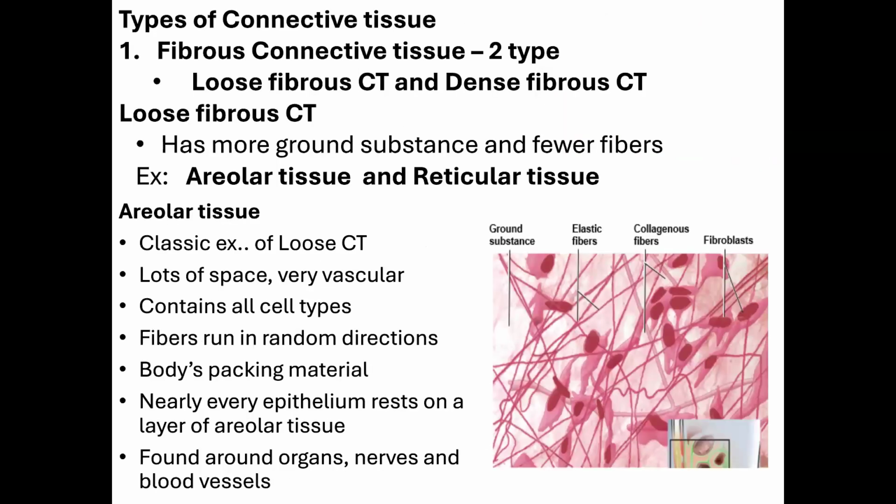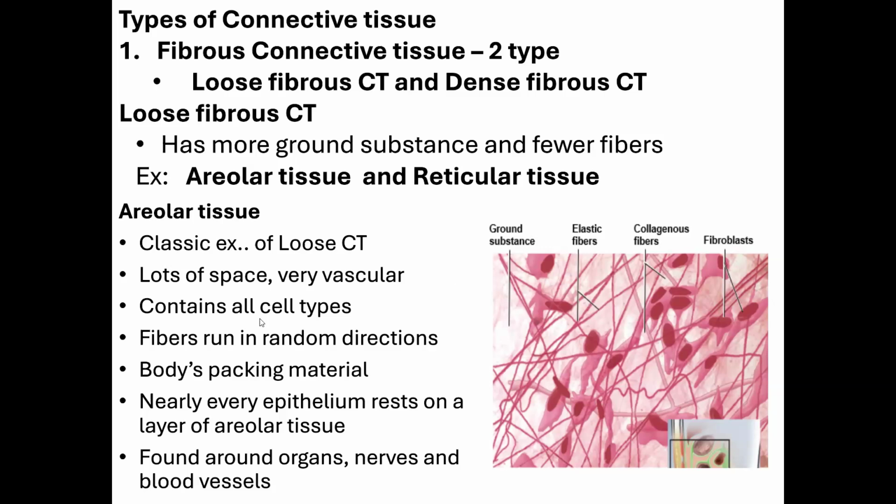So we're going to look into the types of connective tissue. So we have fibrous connective tissue, 2 types. One type which is loose and the other type which is dense. So the loose one, I'm giving you 2 examples, areolar tissue and reticular tissue. So this is another thing you saw in the lab.